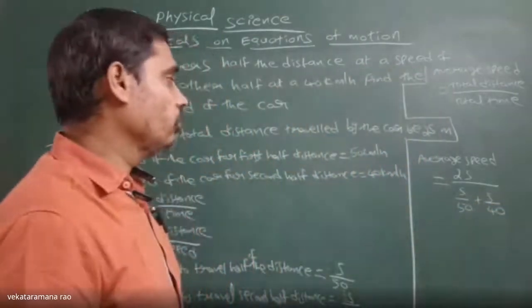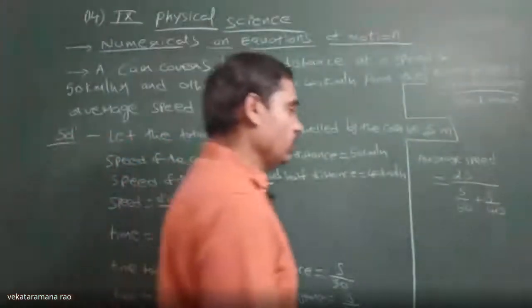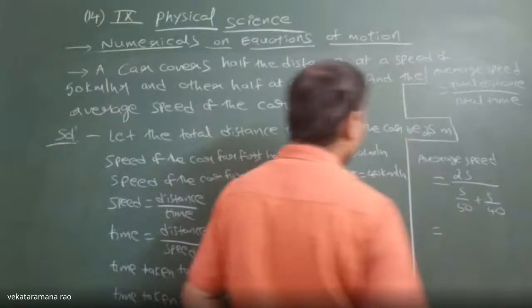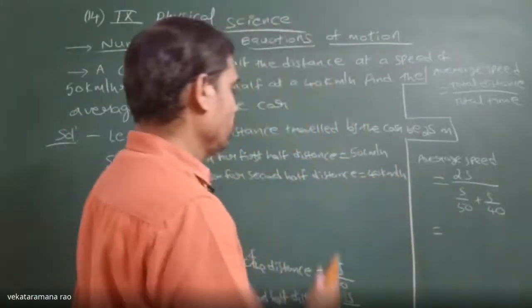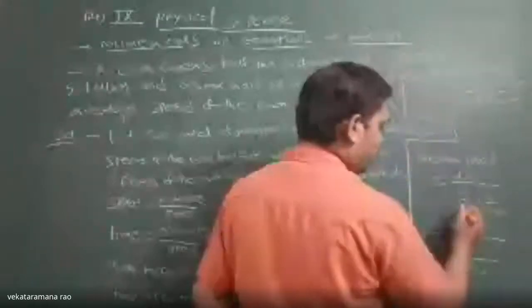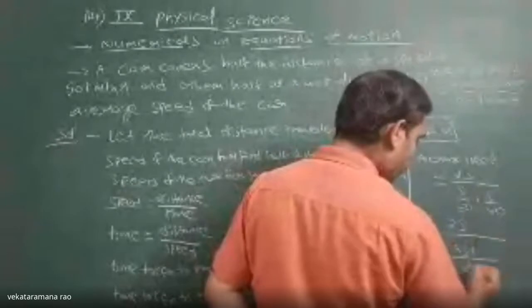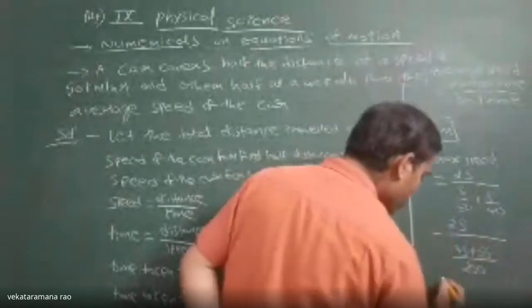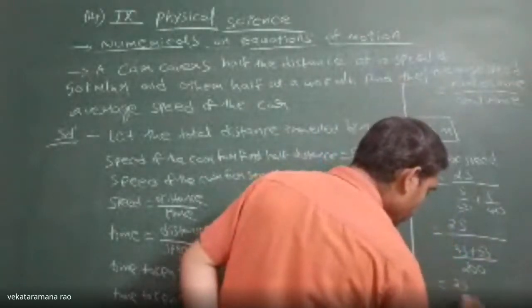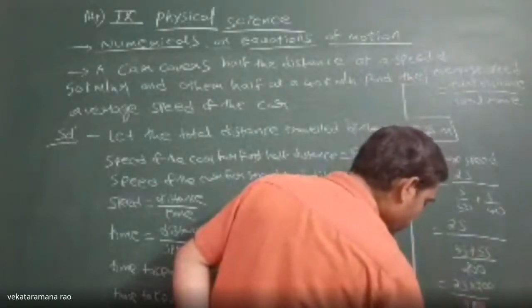The LCM of 50 and 40 is 200. So 2S into 200 by 4S plus 5S, that is 9S.